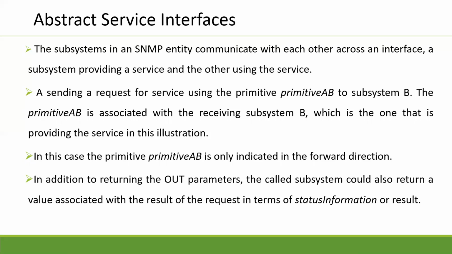It becomes a conceptual interface termed abstract service interface. Now, these abstract services are defined by a set of primitives that define the service. It shows subsystem A sending a request for service using the primitive AB to subsystem B. That primitive AB is associated with the receiving subsystem B, which is the one providing the service in this illustration.